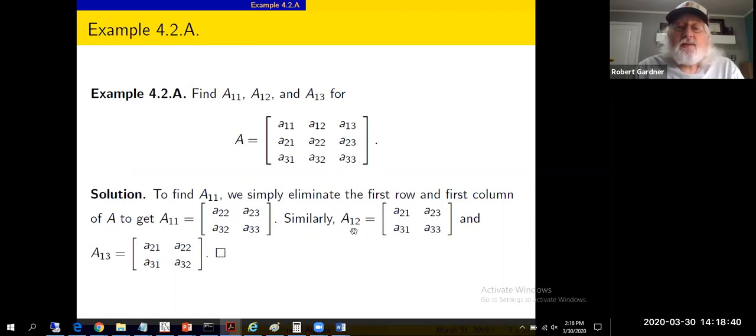We've eliminated the first row, so there are no first subscripts of 1, and we've eliminated the second column, so there are no second subscripts of 2. So that's the pattern. When we look at A13, we'll simply eliminate the first row, third column, leaving us with this little minor matrix with these entries here, same pattern on the indices.